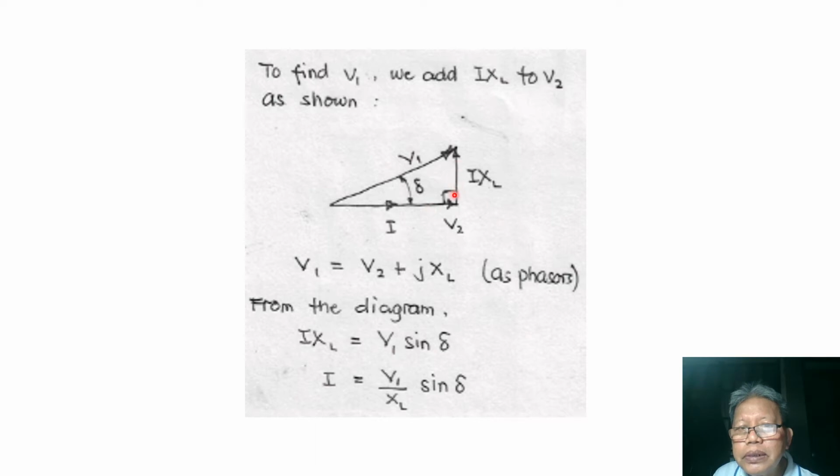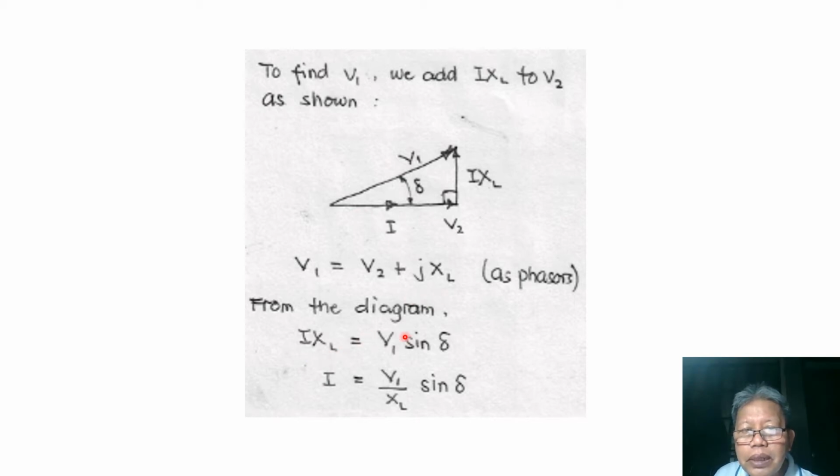So it is this now IXL, and the hypotenuse of the two, adding V2 and IXL, will be our voltage at bus 1 or V1 with this angle delta. So V1 written in phasor would be equal to V2 plus jIXL.